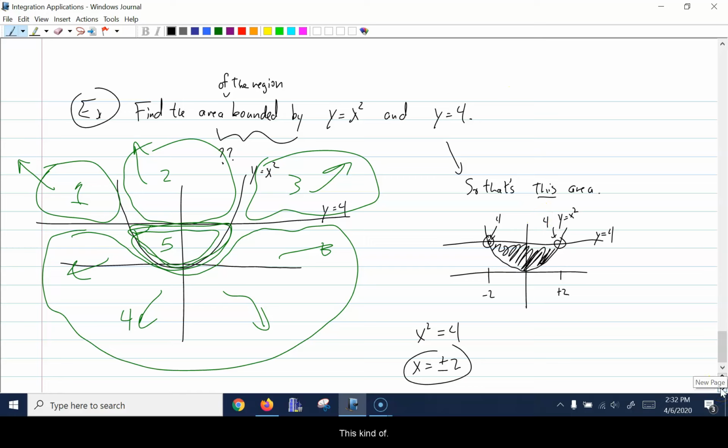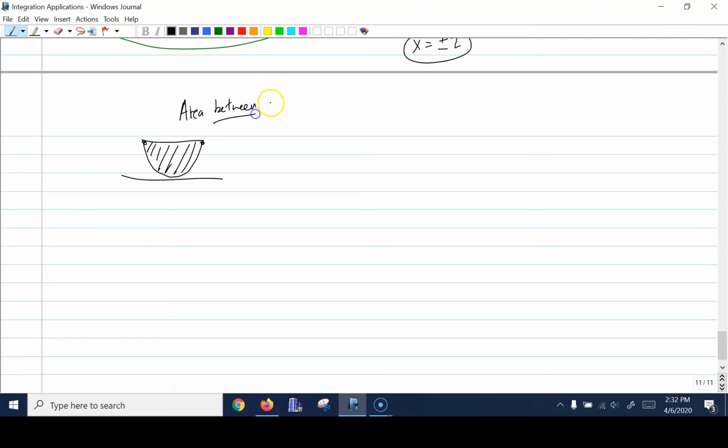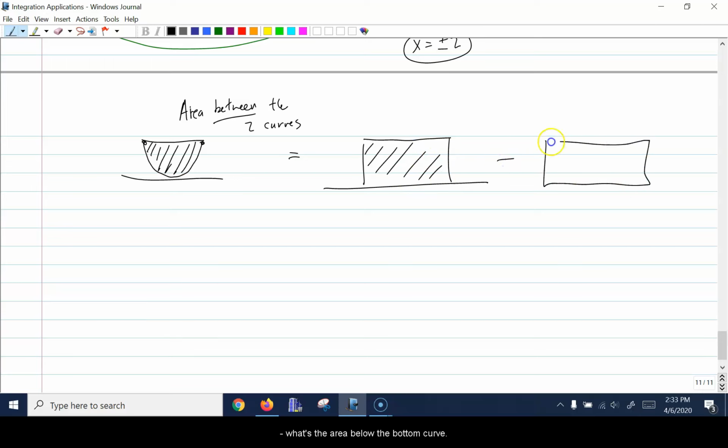There are two ways at this, or they're basically the same way. They both come from noticing that the area between the two curves I can rewrite as the area below the top curve minus the area below the bottom curve.